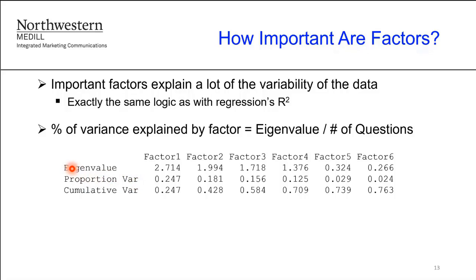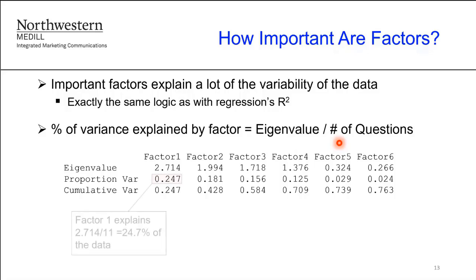How to compute the proportion of variance, which is the same as the percentage of variance? It is the eigenvalue divided by the number of questions. For this hair product data, we have 11 questions. So the formula is simple: eigenvalue divided by the number of questions.